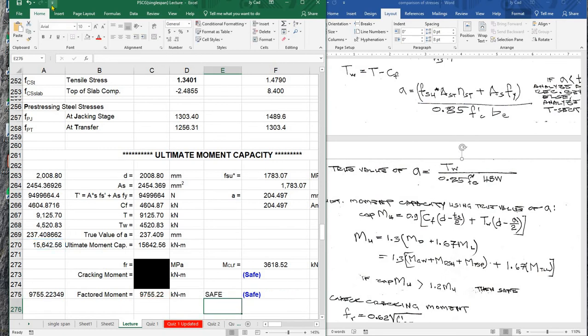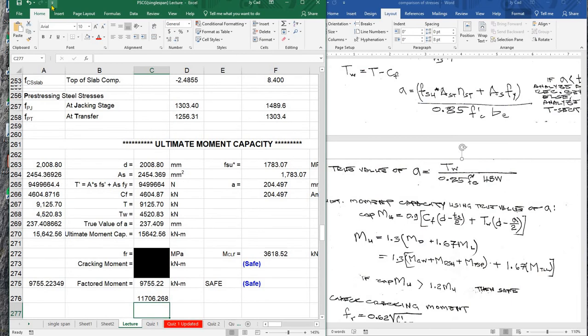Yan. Okay, so ang 1.2 nitong factored moment is 11,706, and ang ating ultimate moment capacity is 15,000. It's still greater than 11,000. So okay lang, safe pa rin siya.